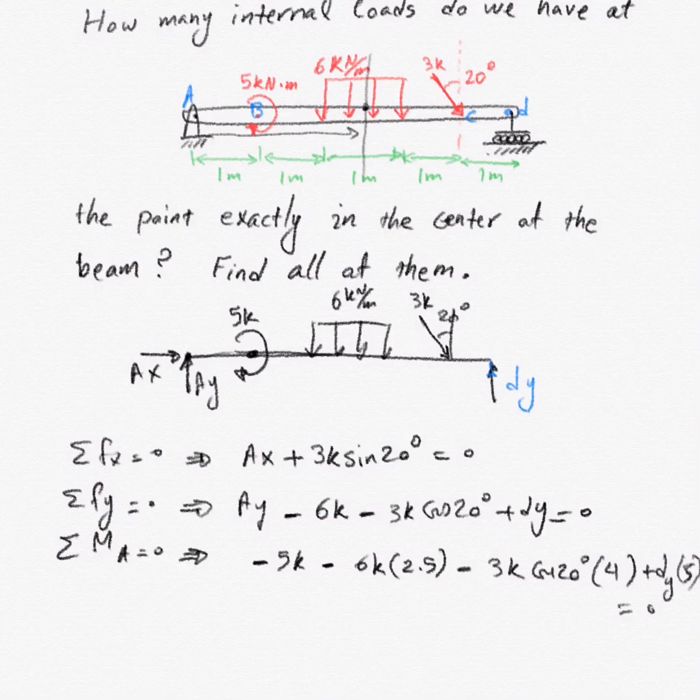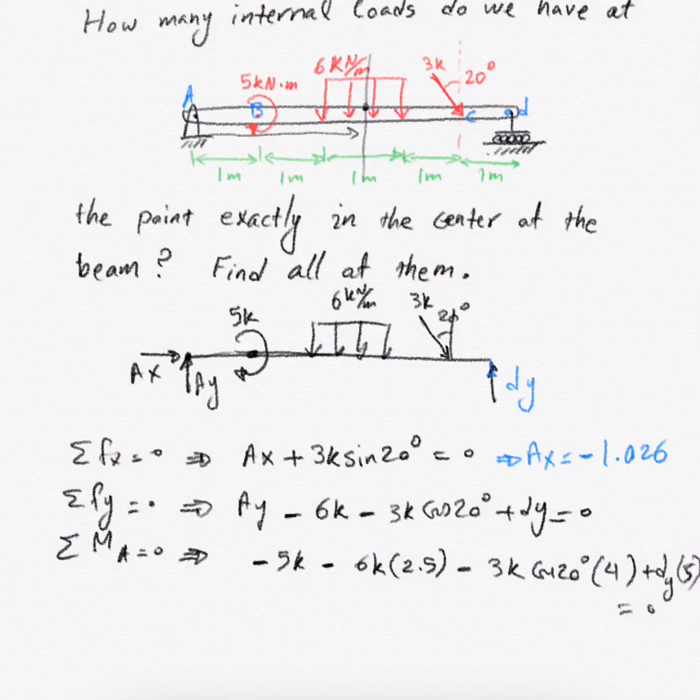You solve the first equation. So it gives you Ax is equal to, put it in a calculator, 3 times sine 20 with a negative sign, negative 1.026.